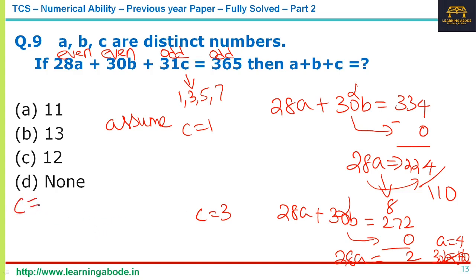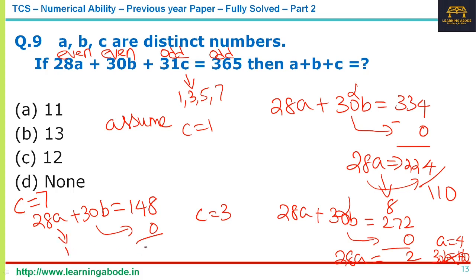Now the only possibility is C equal to 7. When you put C equal to 7, 28A plus 30B is equal to 148. Now this part is ending with 0. So you want 28A to end with 8, which means only one possibility, A should be 1.